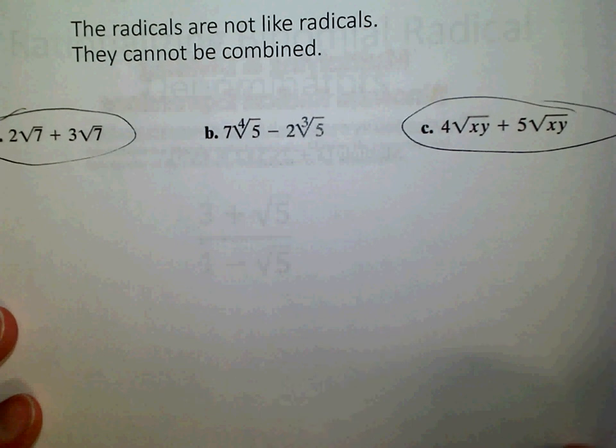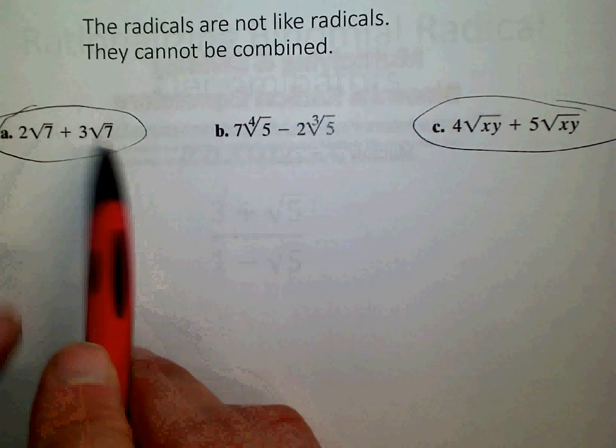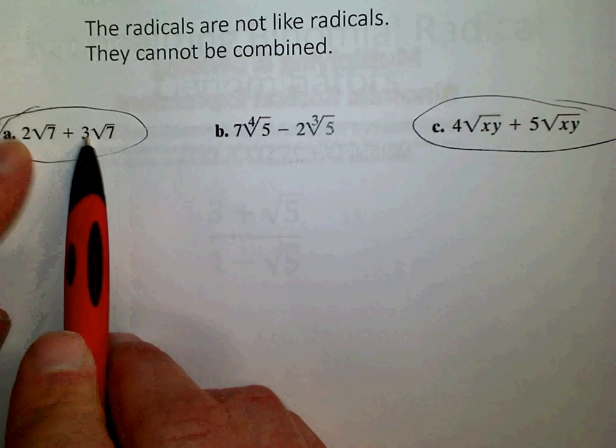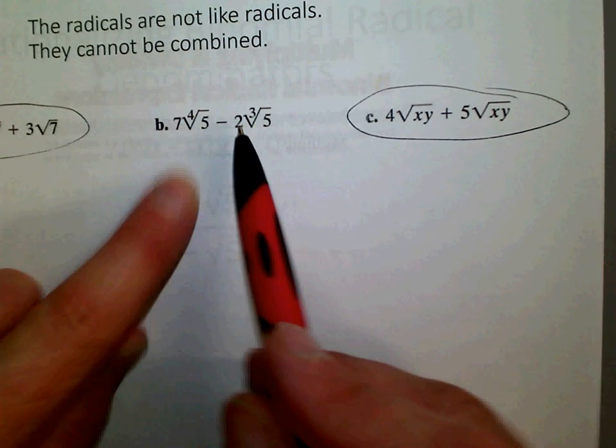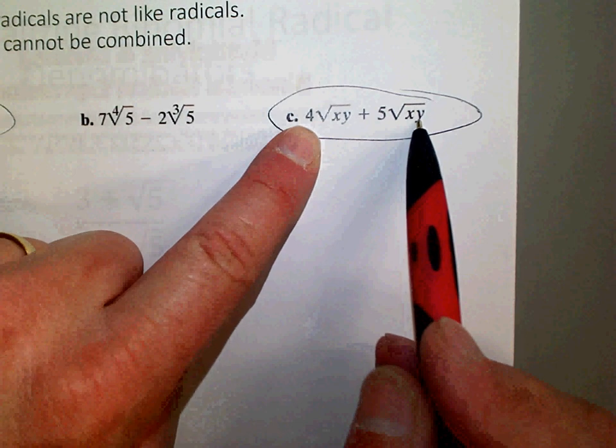How many do you think I circled? There are 2 that could be. These can be added to make 5 square roots of 7. These are not the same root. These can be added to make 9 square roots of xy.